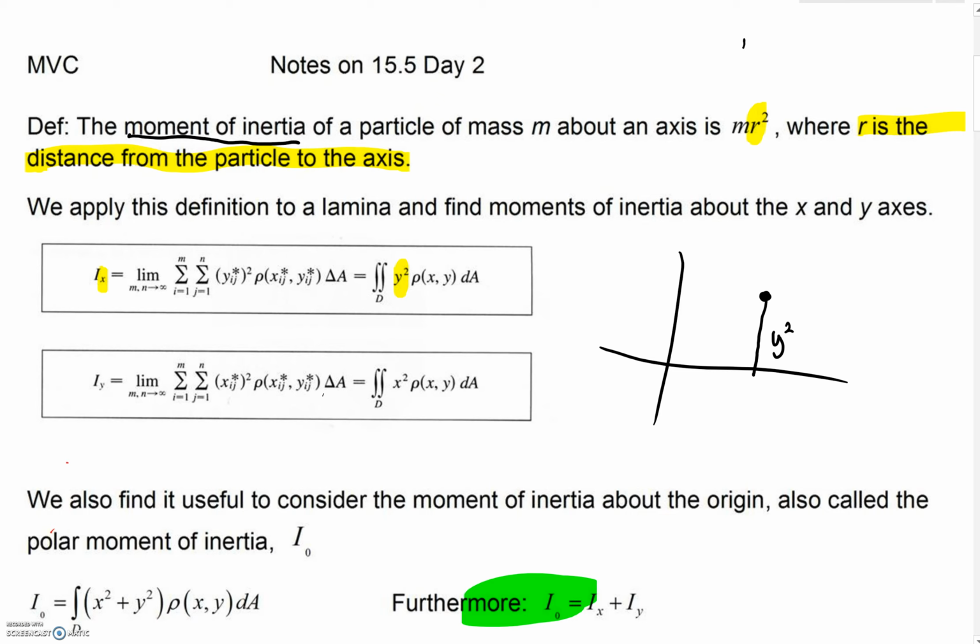Rho times dA gets you your mass, and this is incredibly similar to what we did in day 1, where we just found the moment about the x-axis. For the moment of inertia, you're just going to square your distance.